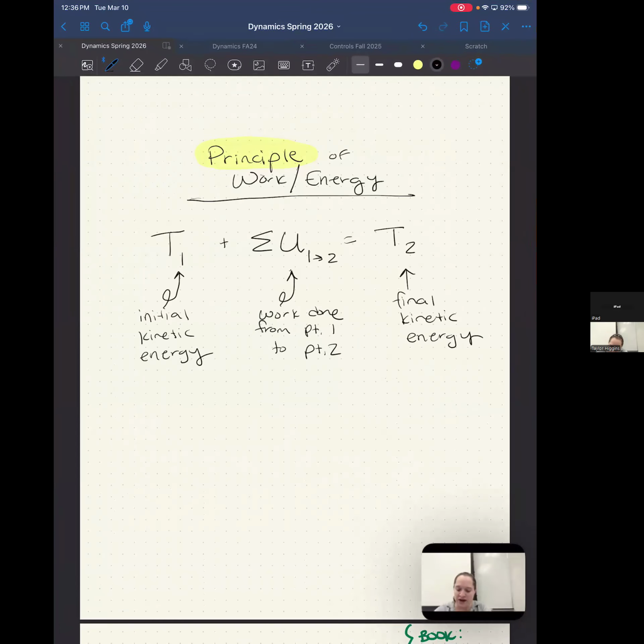I have a T1, which is the kinetic energy at time 1, or the initial kinetic energy. I have the work done by all forces on this body from point 1 to point 2. And the sum of those two things is equal to the kinetic energy at time 2.